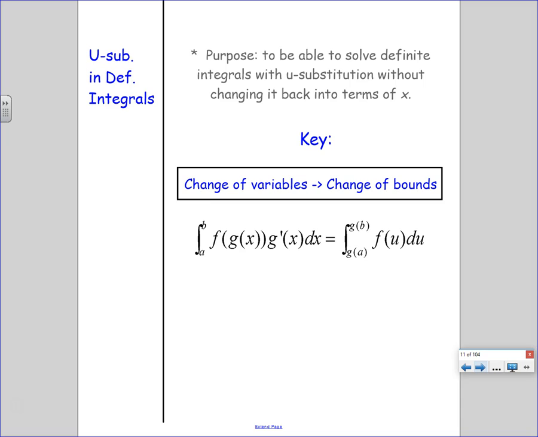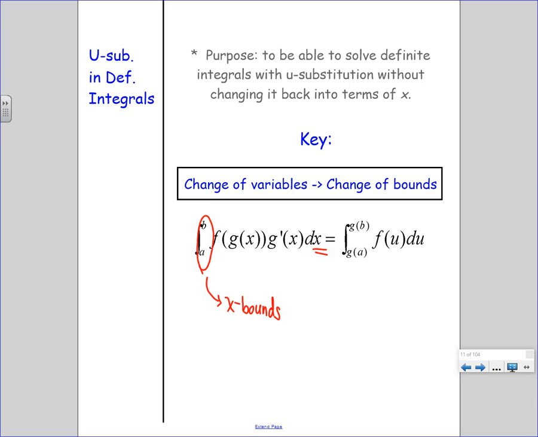That doesn't mean that's the only way to solve. The only way to legally put bounds on a u sub integral is to change the x bounds to u bounds. And I know they're x bounds because that little integral says dx.